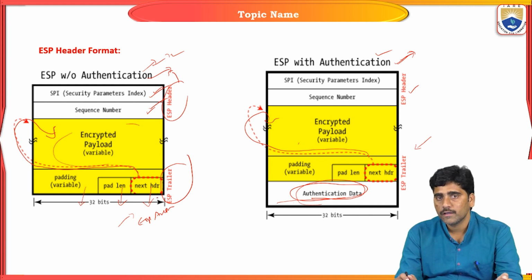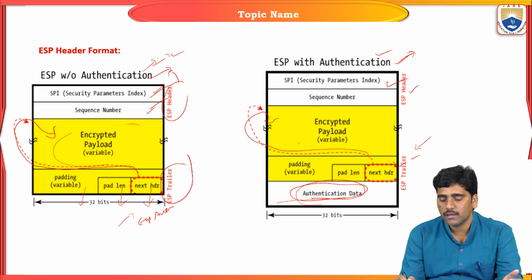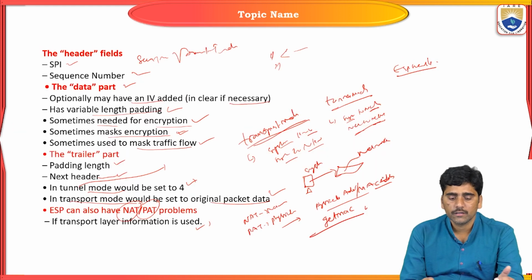With authentication, ESP has the ESP header, the ESP trailer, as well as the ESP authentication data. And here are the header fields, the data part and the trailer part.